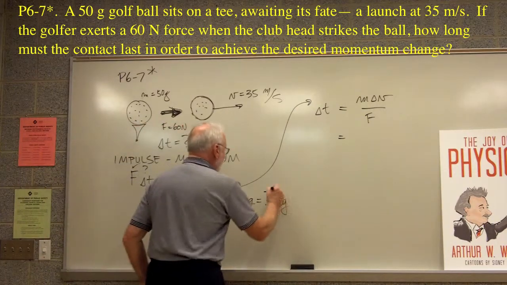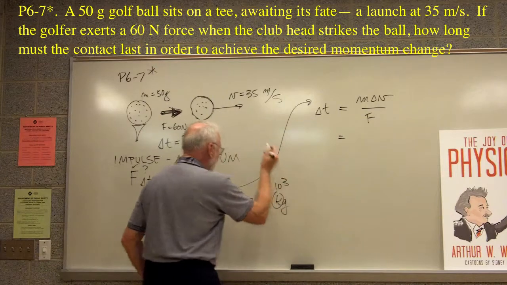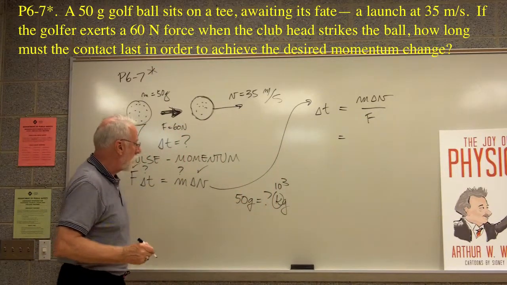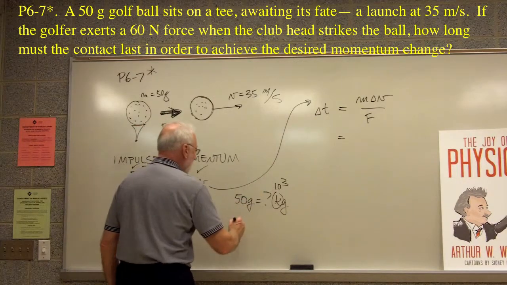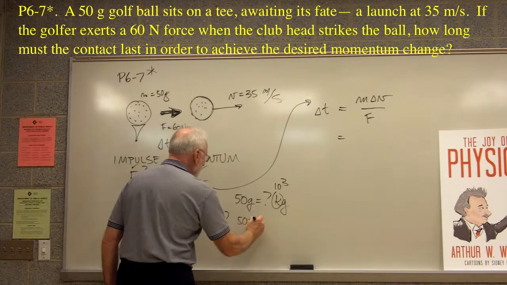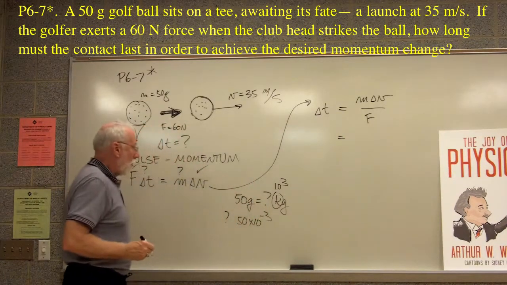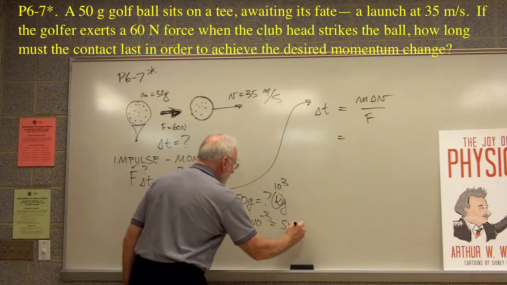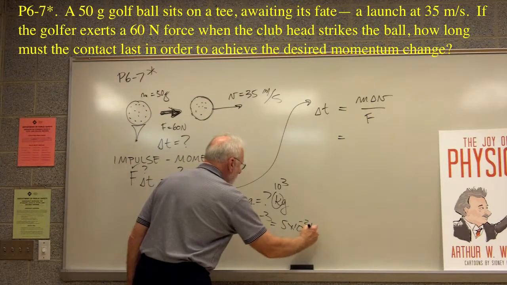In order to do this, the kilo is a 10 to the third. So if we're trying to solve this for how many kilograms that is, we divide both sides by 10 to the third and say that question mark is 50 times 10 to the minus 3. Or the same thing as 5 times 10 to the minus 2, and these are kilograms.